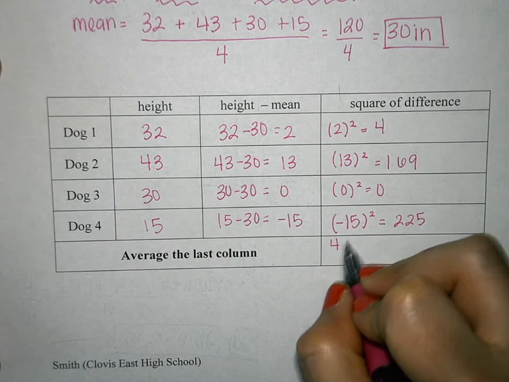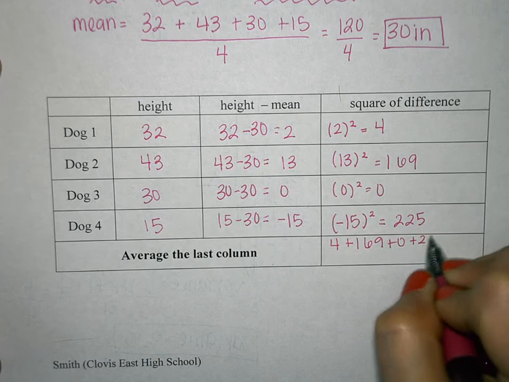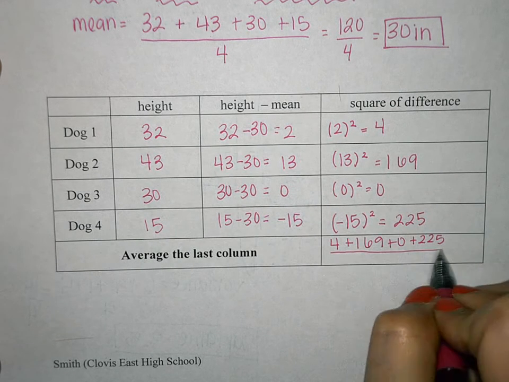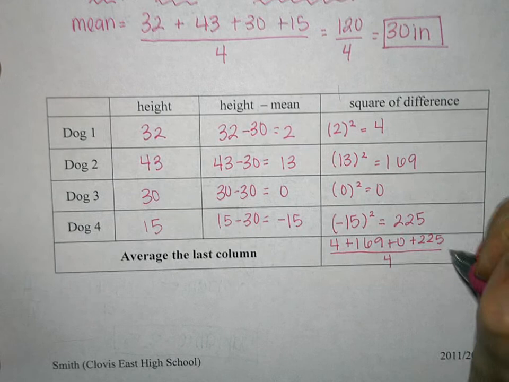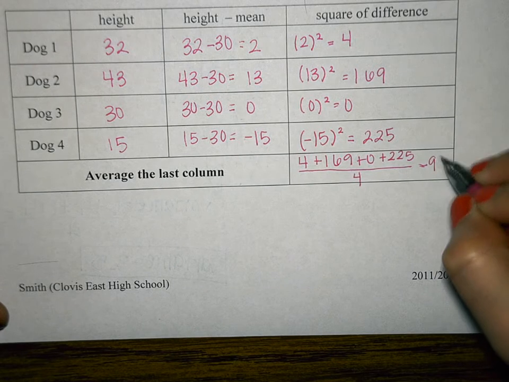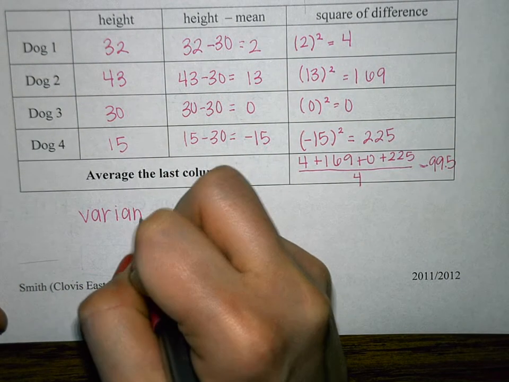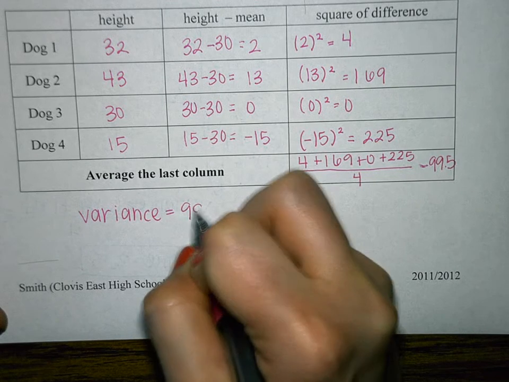So that's 4 plus 169 plus 0 plus 225, divided by 4. When you do that on your calculator, it all comes out to 99.5. So our variance is 99.5.